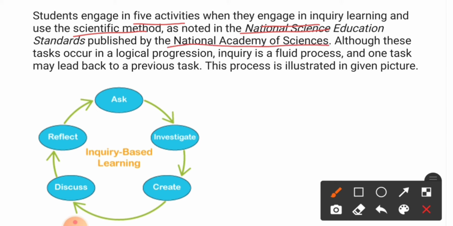Although these tasks occur in a logical progression, inquiry is a fluid process and one task may lead to the previous task. The process is illustrated in the given picture.